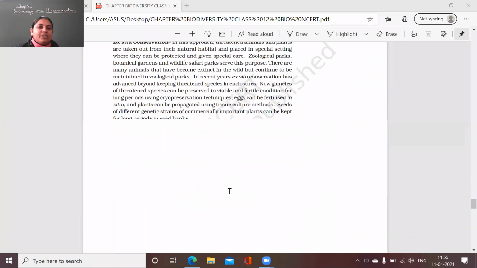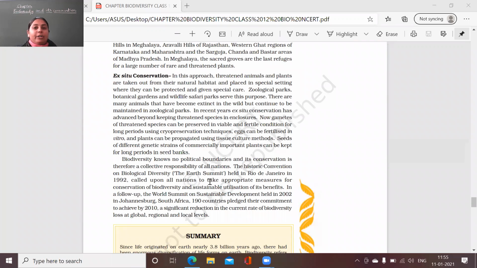Okay, बेटे. Next जो है that is ex situ conservation. As I have already discussed, in ex situ conservation, those animals which are facing the threat of extinction, whether they may be plant or animal species, are taken out from their natural habitats and placed in special settings in some protected areas, and special care is provided to those animals. ठीक है, तो जहां पे उन्हें सीवियर सुपरविजन में रखा जाता है, these areas include zoological parks जिन्हें हम zoos के नेम से जानते हैं, botanical gardens, and these may be wildlife safaris.